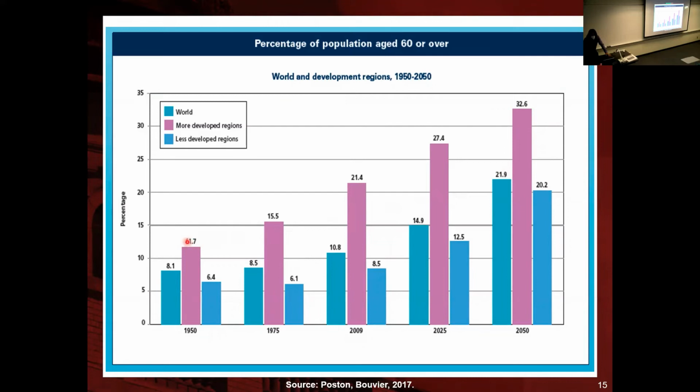More developed regions have an even higher percentage of people with at least 60 years of age. Less developed regions have lower percentages, but these have also been increasing over time, reaching 20% of people with at least 60 years of age in less developed regions by 2050.